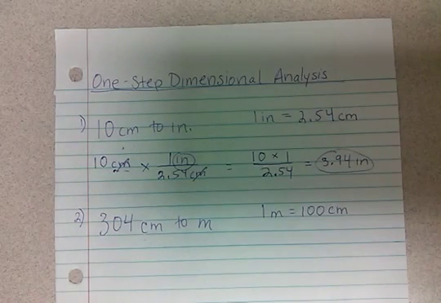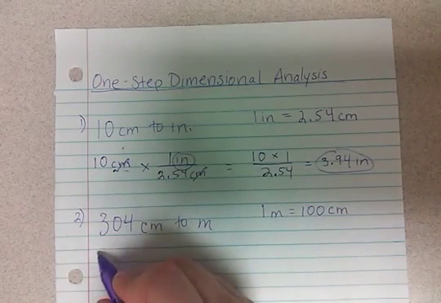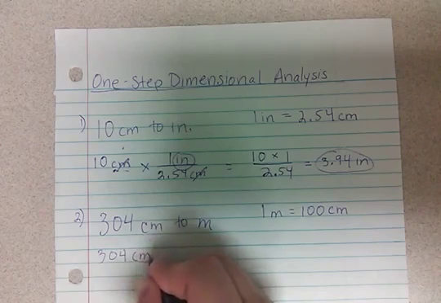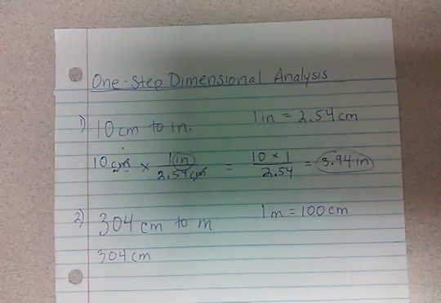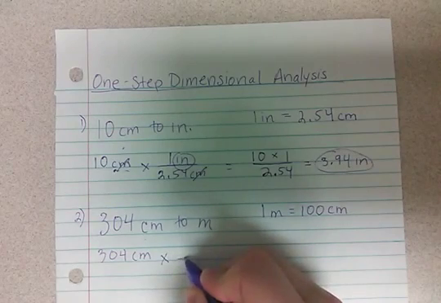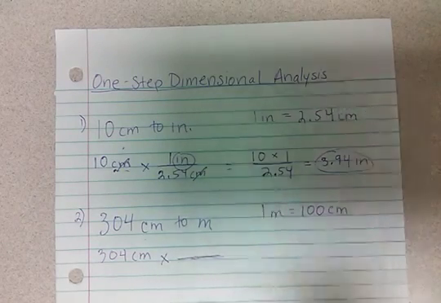The next step is to write down what we're converting on the left-hand side of our page. So I'm going to write 304 centimeters. Our next step is to write as many fractions as we have conversion factors. We have one conversion factor, so we set up one fraction.